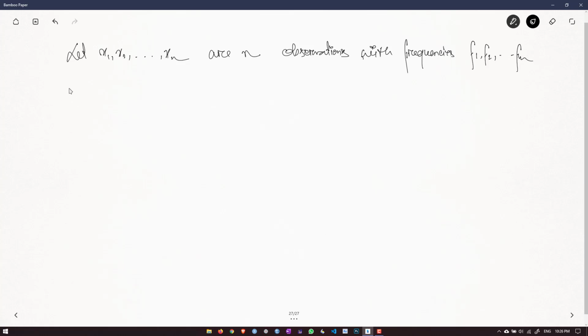So in that case, we have to find out median using the formula: the value of the (n plus 1) divided by 2 at item. Let's take an example.